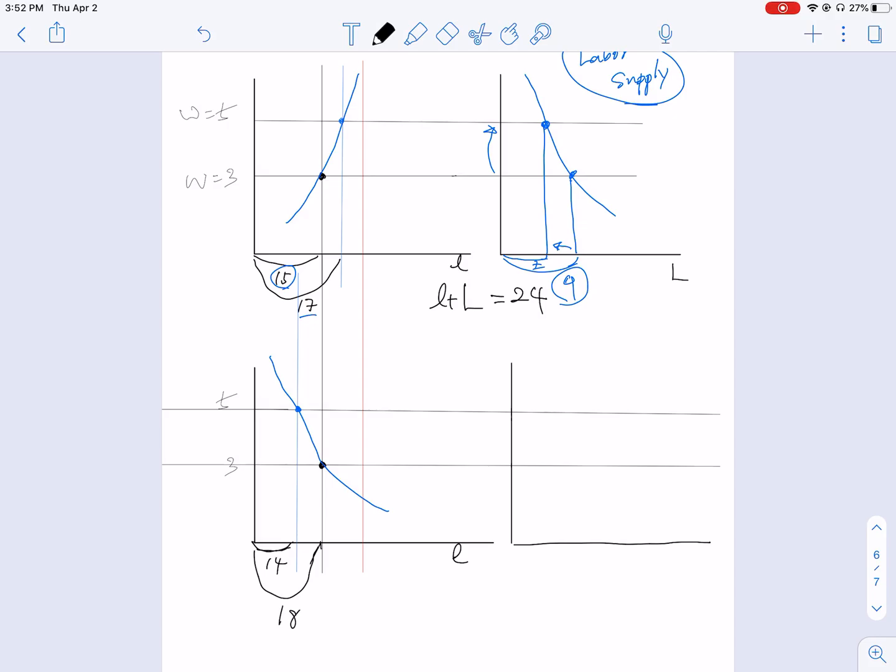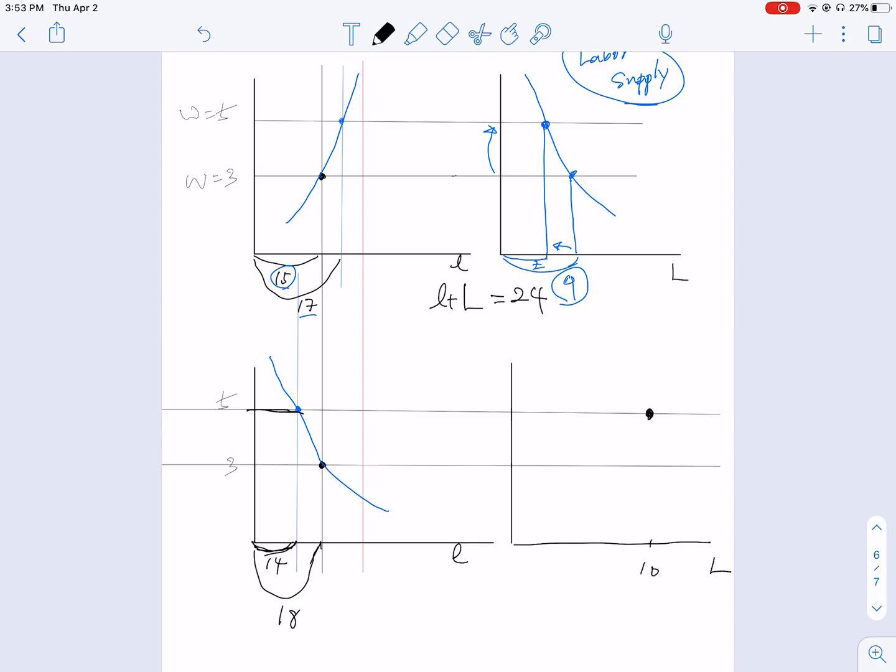Then when the wage is $5, your leisure is 14 hours, right? So that means you're working how many? 10 hours, right?